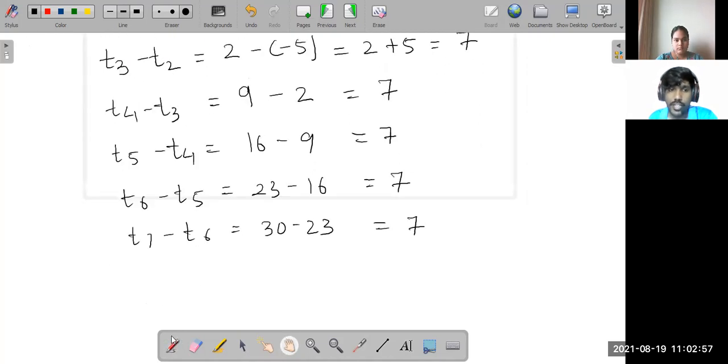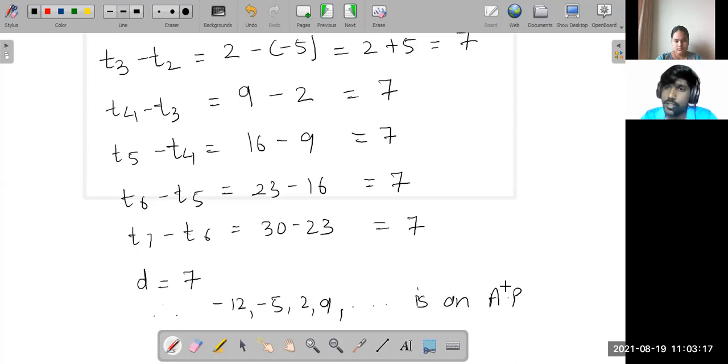So all of them are equal. So common difference D is equal to 7. Therefore, you can say the sequence minus 12, minus 5, 2, 9 ... is an AP. Up to here, is it clear?